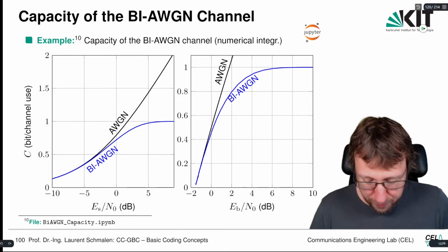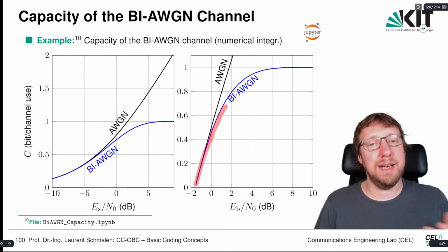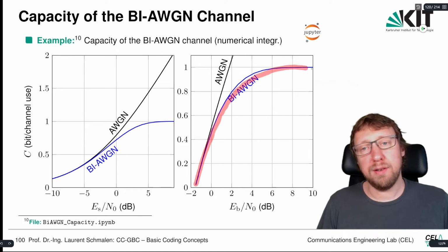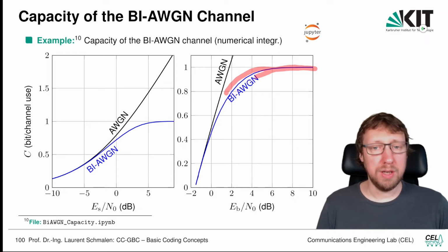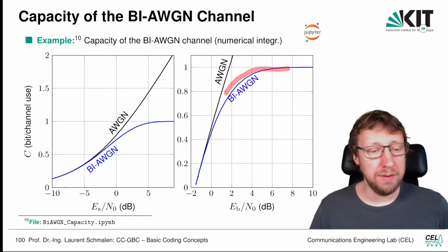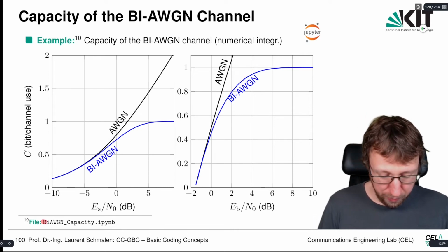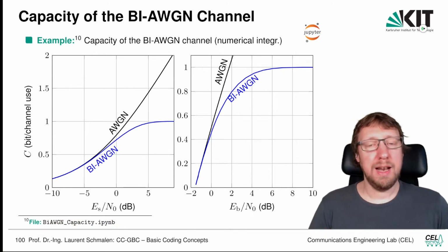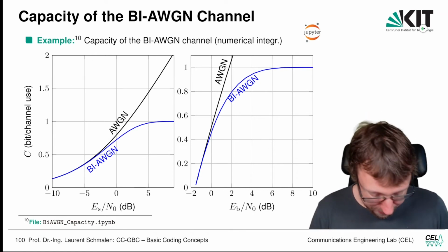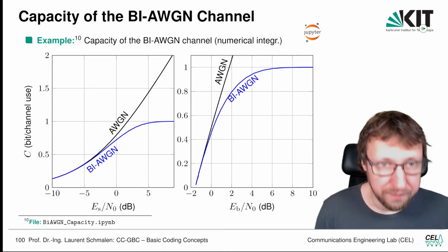And then we can do the same exercise as before and plot the curves as a function of Eb over N0. We do this by numerical integration. And here we also have a Jupyter notebook that is called binary input AWGN capacity. So let's take a short look at this Jupyter notebook.